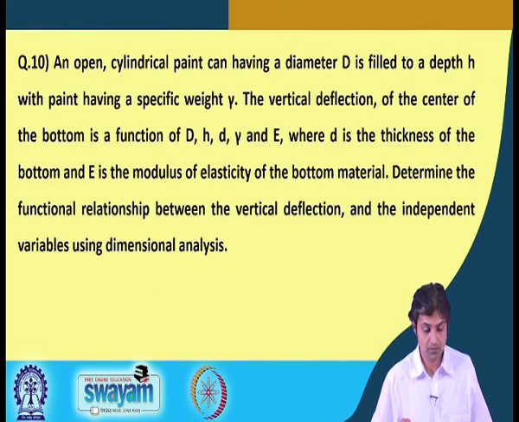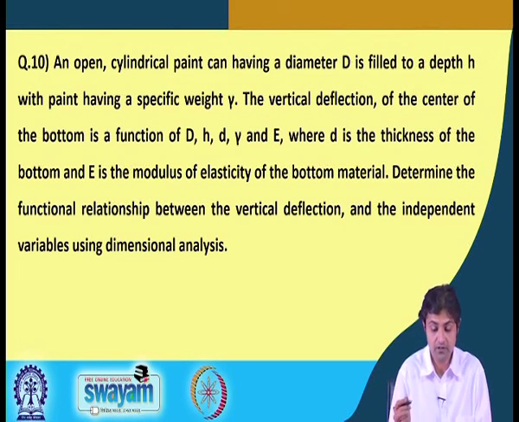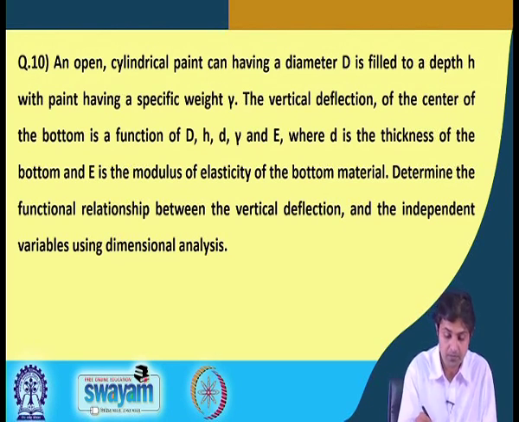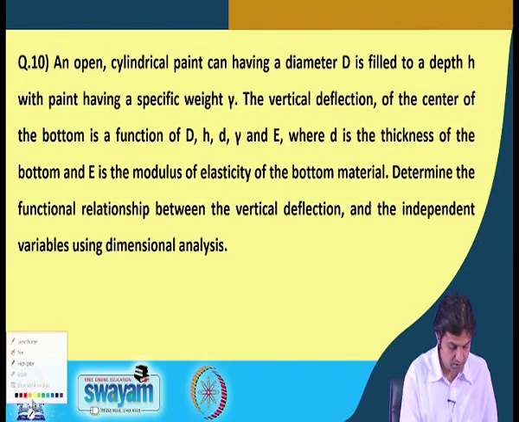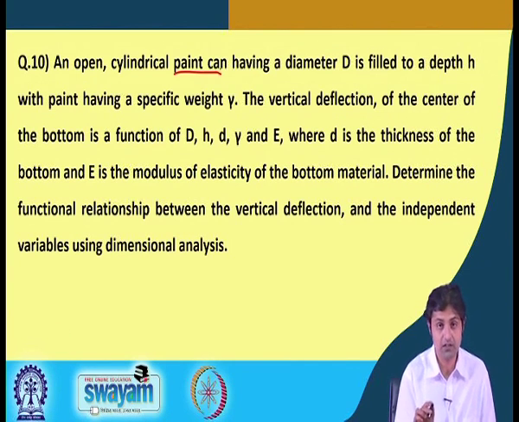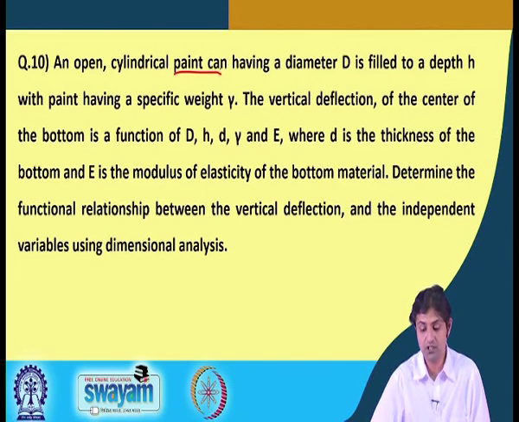So, there is a question number 10. The question says an open cylindrical paint can, okay, sorry, this is one paint can having a diameter D is filled to a depth h with a paint having specific weight gamma.